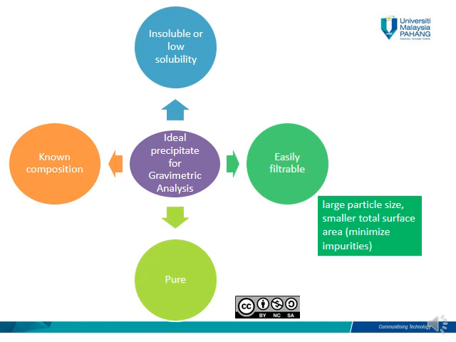Next is easily filterable. Sometimes when we want to filter the precipitate, some of the colloid, very fine small particles that have not agglomerated with the bigger particles, will pass through the filter paper.